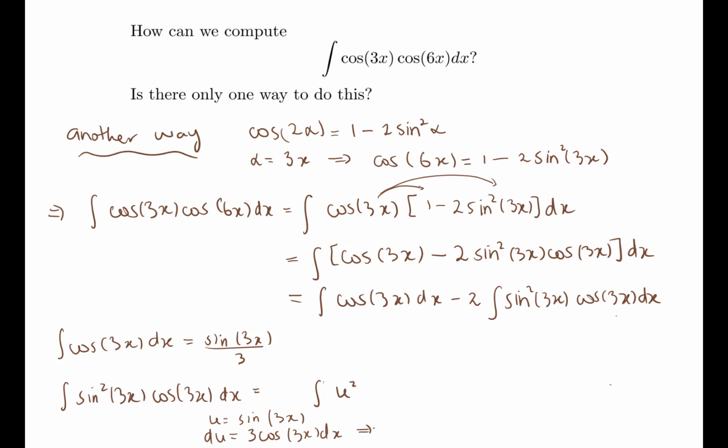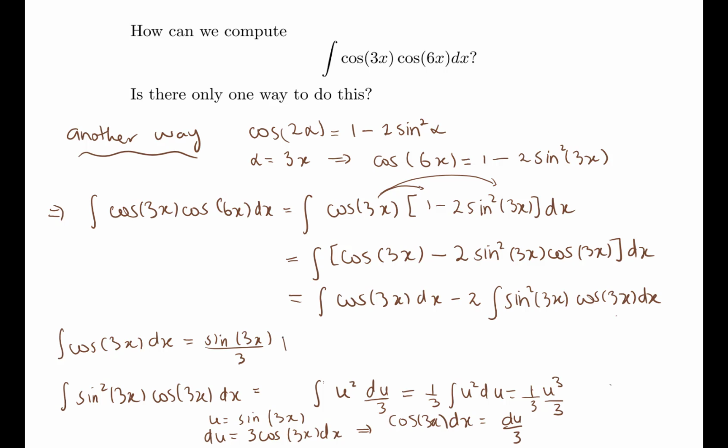So we get that cosine of 3x times dx corresponds to du over 3. So here we have du over 3. The 1/3 can be pulled out, and we can use a power rule in order to say that this will be 1 divided by 3, u cubed over 3. And again, we have a constant.